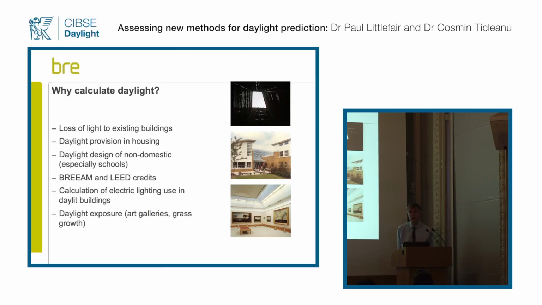So we could end up seeing an abandonment of daylight calculations for housing if the new European standard replaces the existing British standard BS 8206 Part 2 with its average daylight factor recommendations.